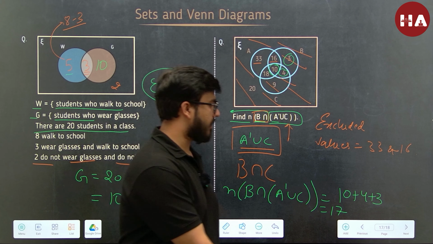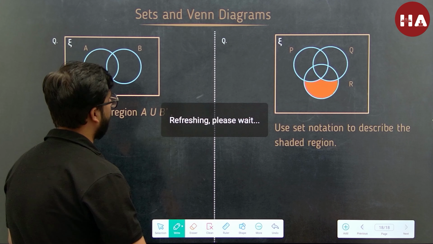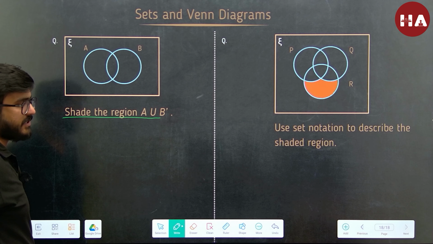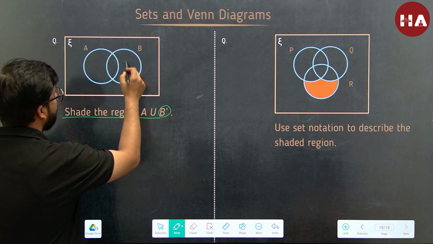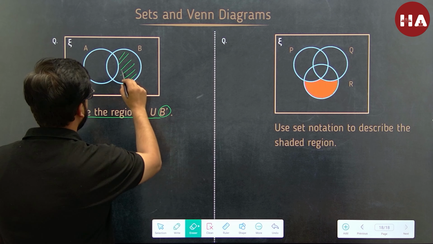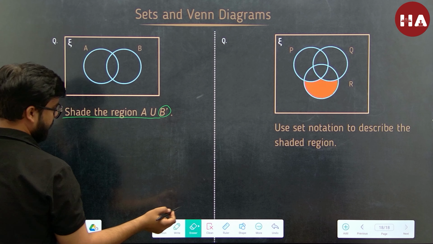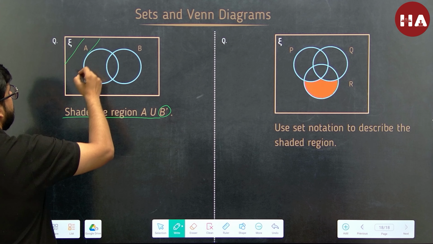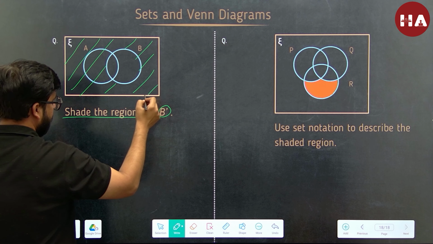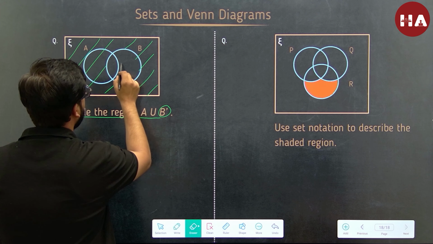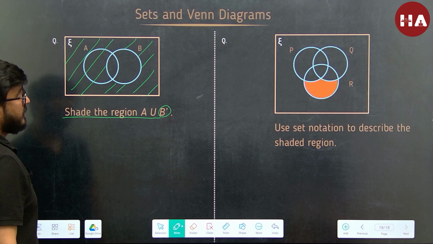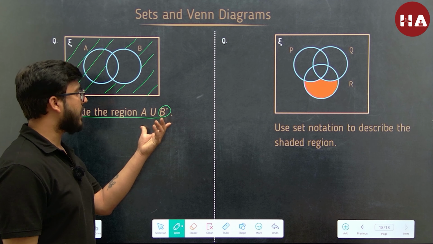Okay, students, now moving forward with the next set of questions. I have to shade the region which is A union B complement. So I will exclude this part and shade the whole region, excluding the region B. So what does A union B complement mean?